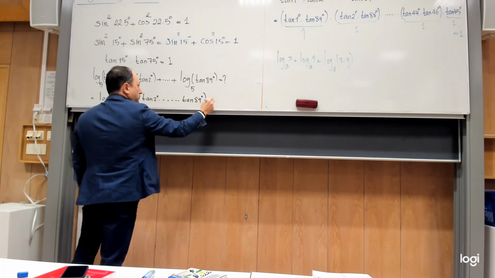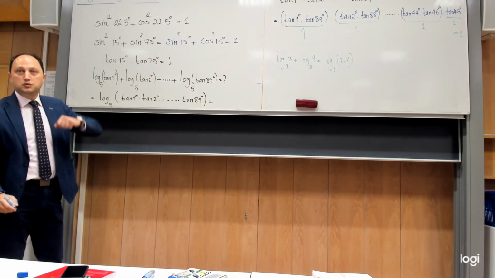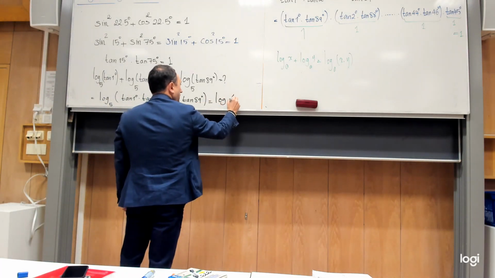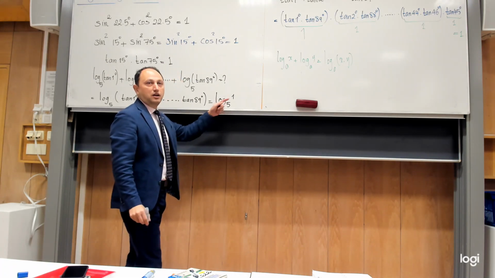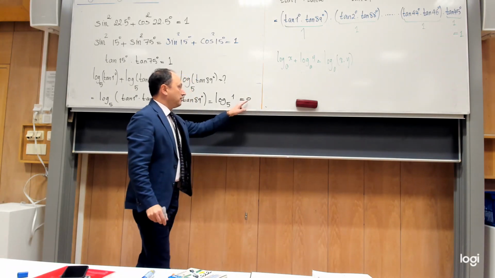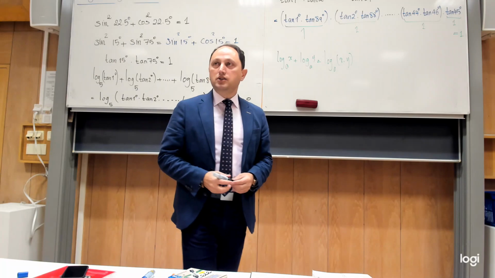But we just learned that this product, according to this calculation, is 1. So this becomes log of 1 in base 5. What is the log of 1 in any base? It is equal to 0. Why? Because 5 to the 0th is equal to 1. So the answer to this is 0.